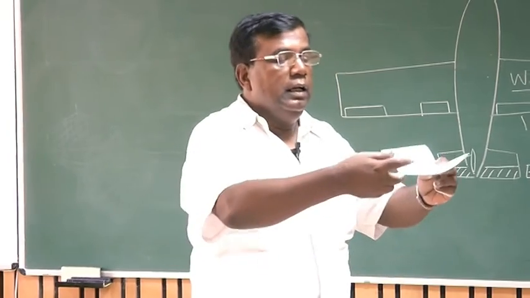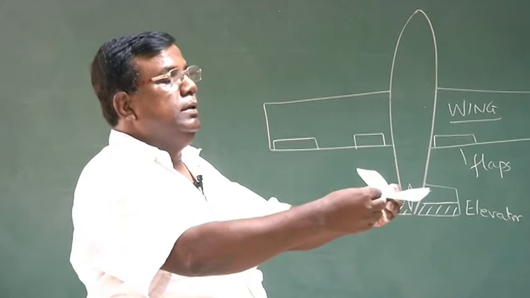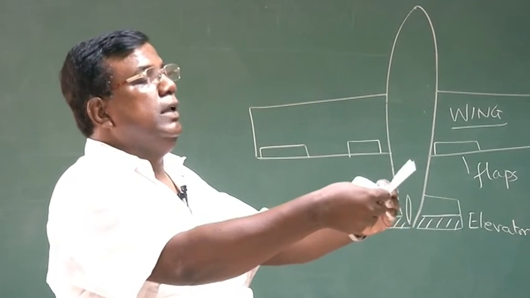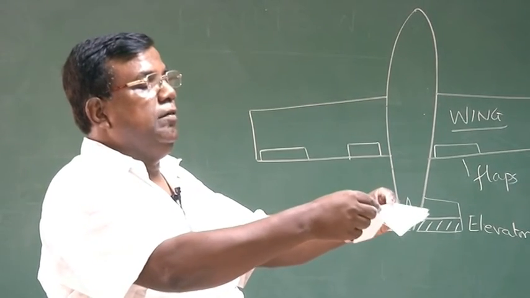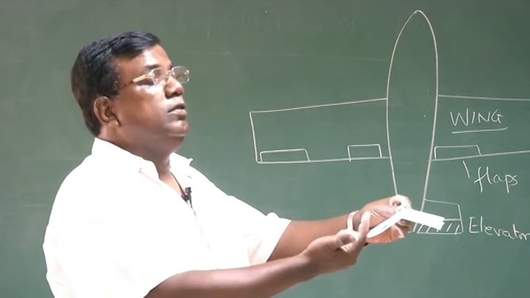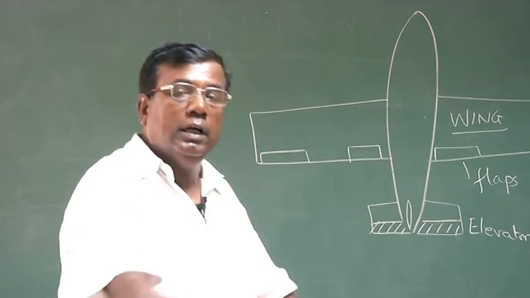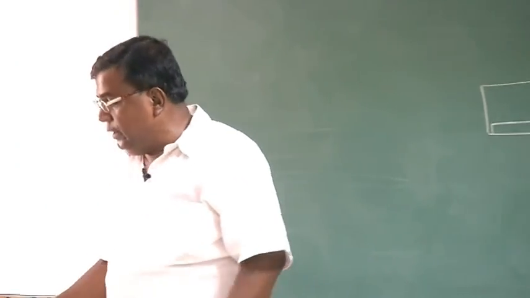Is it clear? If I want to take it nose up, I'll put the elevator up, force downward, so it goes like this. If I want to take the aircraft down, I'll put the elevator down. So this will give a force upward, and the CG in front will take it down. So that is the primary role of the elevator.